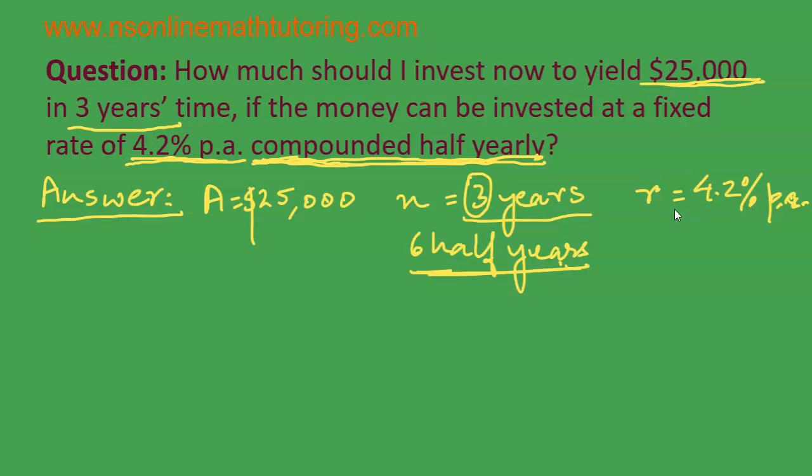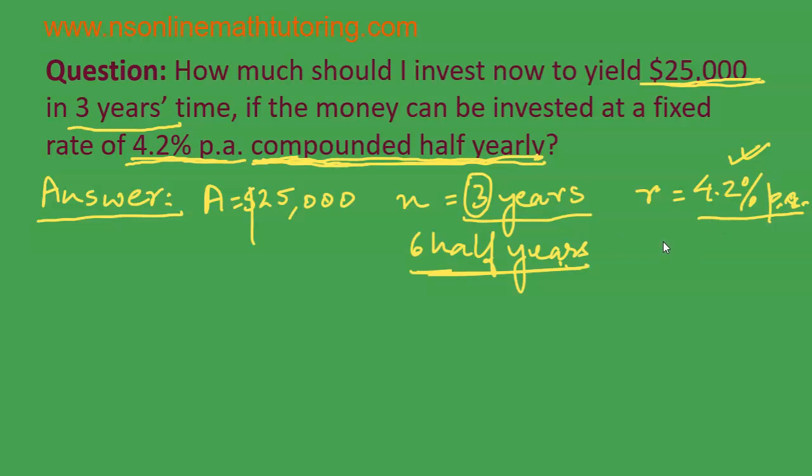And now what happens to the rate? They have given this rate that is 4.2% per annum, that is for a complete year. But since the calculation is done twice every year, therefore the rate should also get halved. Because it is half yearly calculation, the rate should also get halved.